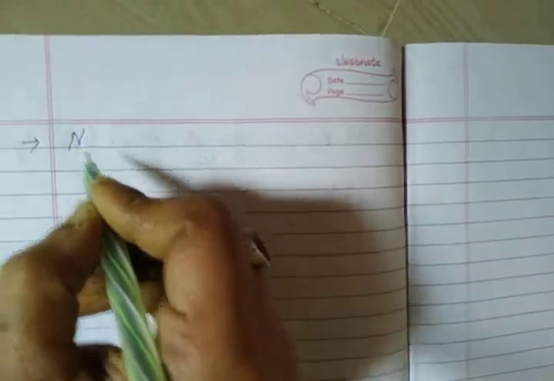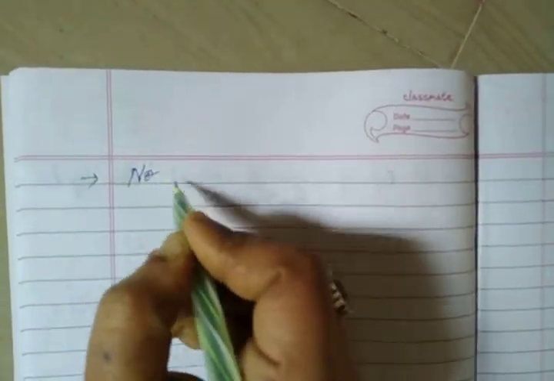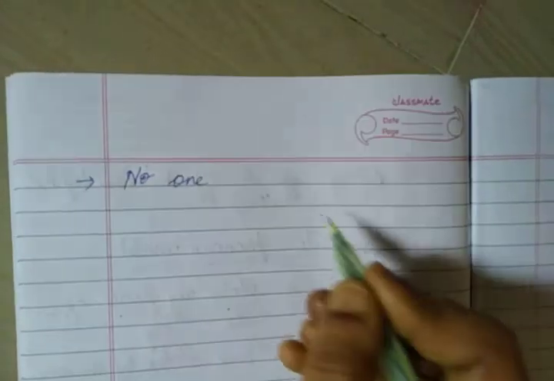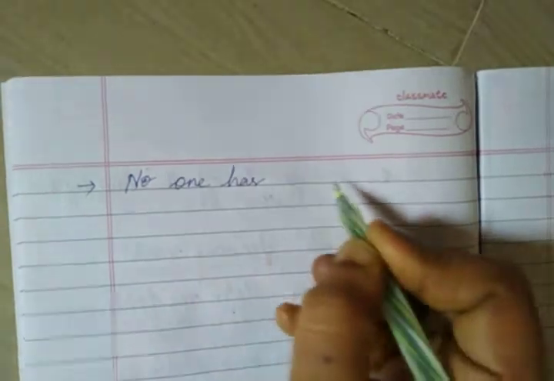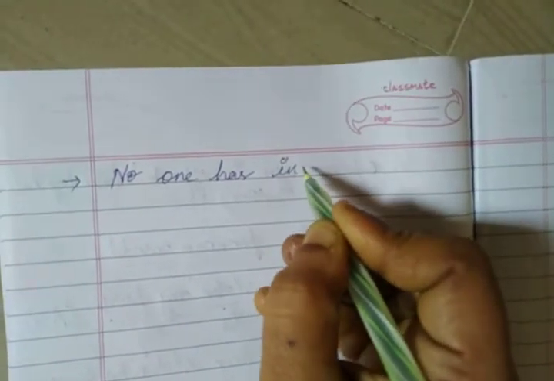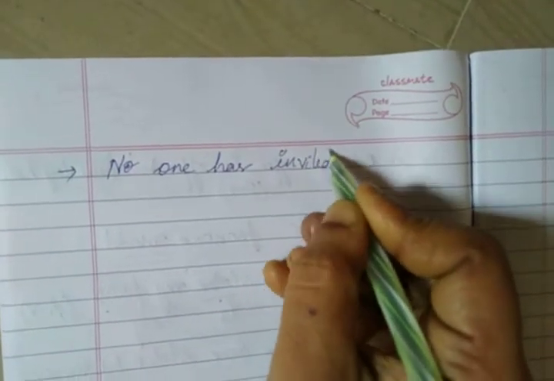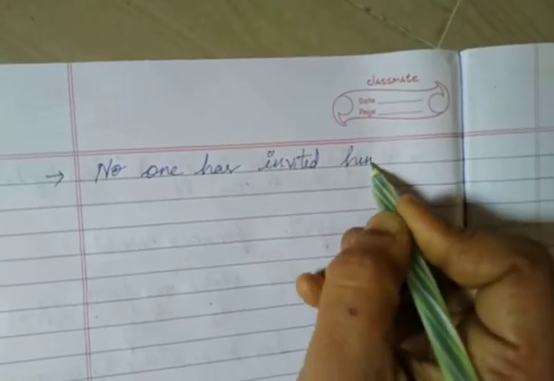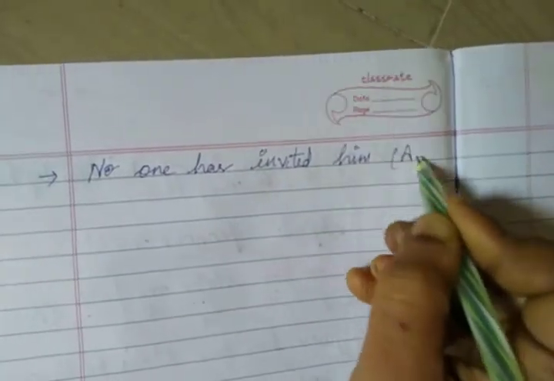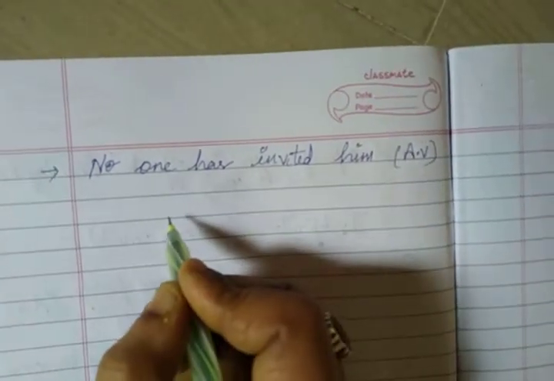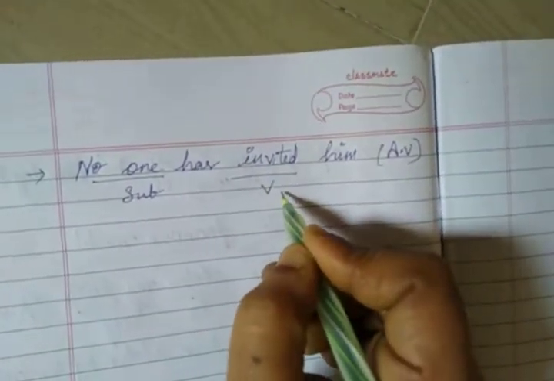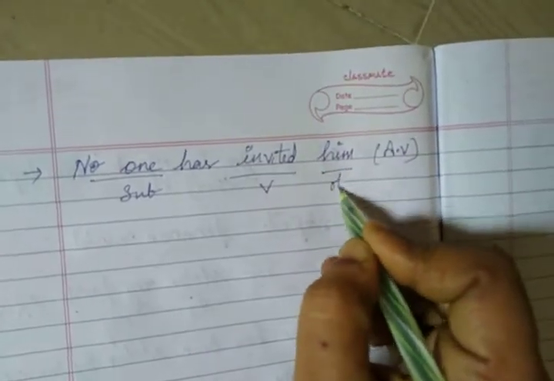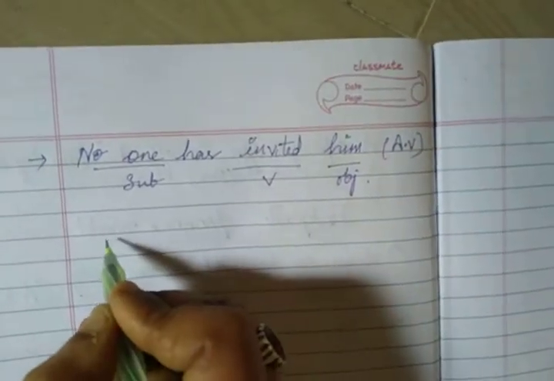No one has invited him. This is active voice. It's subject, verb, object. Okay, we know this.